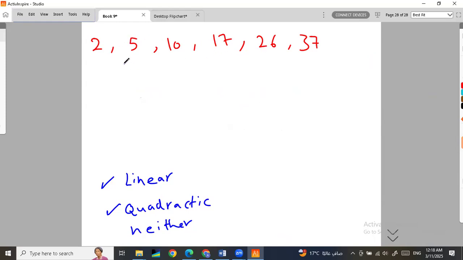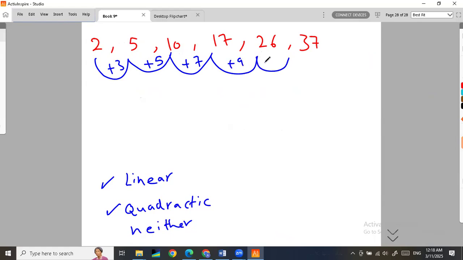How can I know? You need to check the difference between each term and the one after it. So for example here, I added 3, and then I added 5, and then I added 7, and then I added 9, then I added 11.